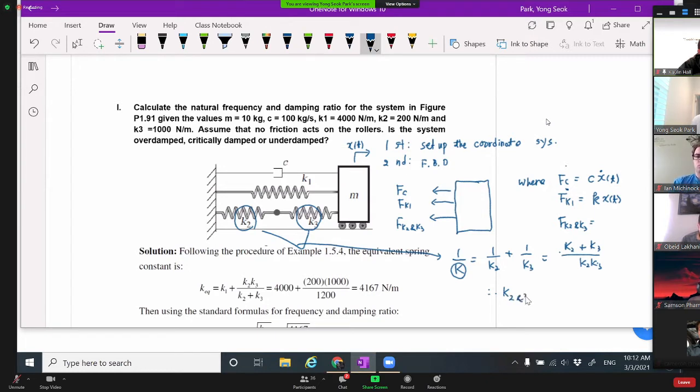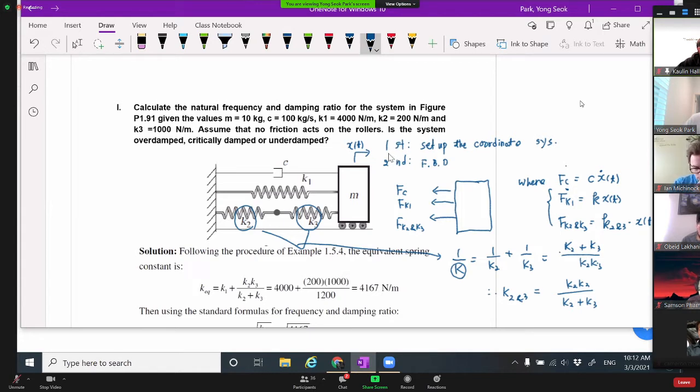And it will be K2 K3 over K2 plus K3. Do you agree with that? Now, then this is K2 and 3 times x. Do you agree? Is that right? Yes. Okay.